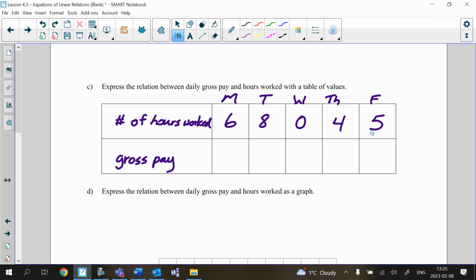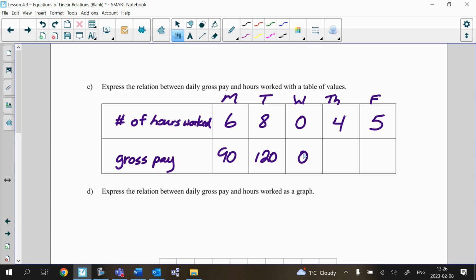So how do we calculate the pay? Well, we use the equation from the previous page. We just multiply all these by 15. So 6 times 15 gives me $90. 8 times 15 gives me $120. Well, 0, she gets paid 0. 4 times 15 gives us $60.